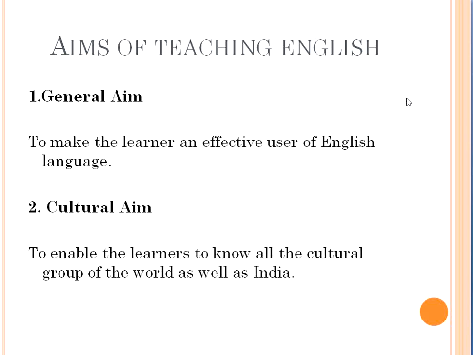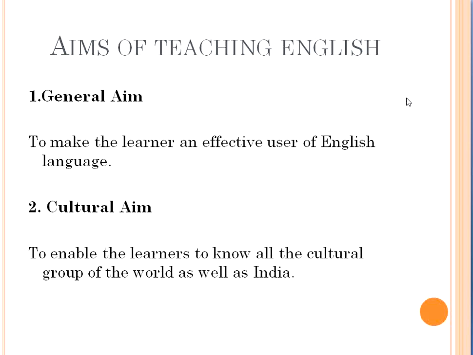So that you can make the learner an effective user of English language, so that the student can listen properly, speak properly, write properly, read properly, etc. So this is a general aim which is related to teaching English.